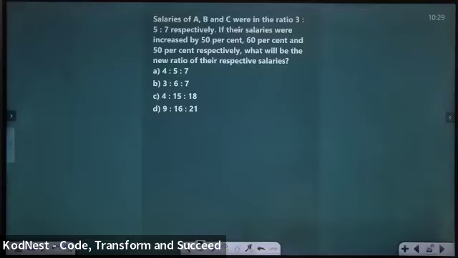So what is the new ratio? 3:6:7 is wrong. How did you get 3:6:7?